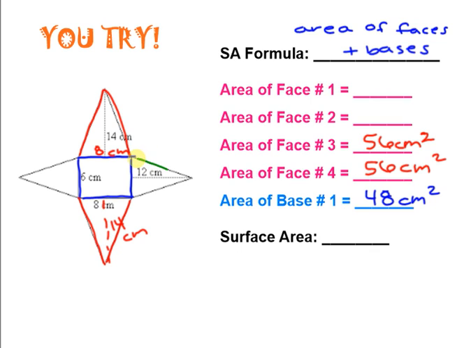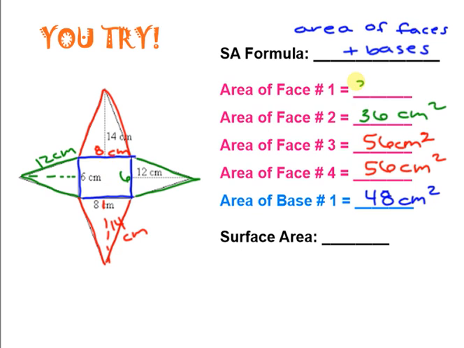Now let's work on this one right here. If this is 6, this is also 6. So base times height times 0.5. 6 times 12 times 0.5. That's going to be 36 centimeters squared. And this guy on the other side is also going to have a height of 12.